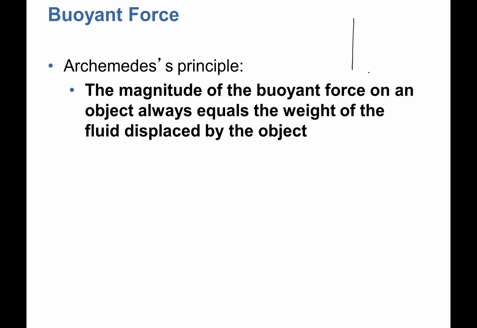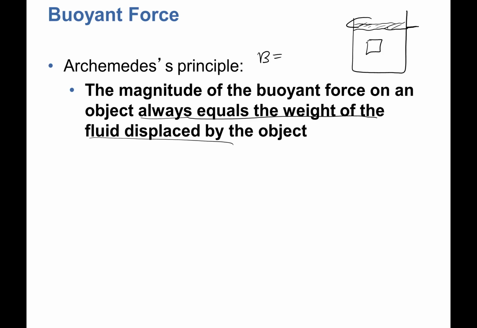If you have a container with water, let's say this is the level of water, and you take some object and immerse it fully in water, what does it do to the water? It will increase the water level; it will displace some fluid. Archimedes tells us that the buoyant force in magnitude always equals the weight of that fluid displaced by the object.